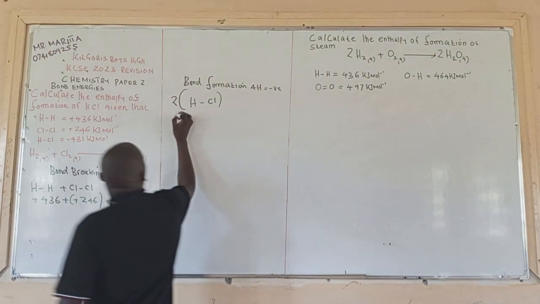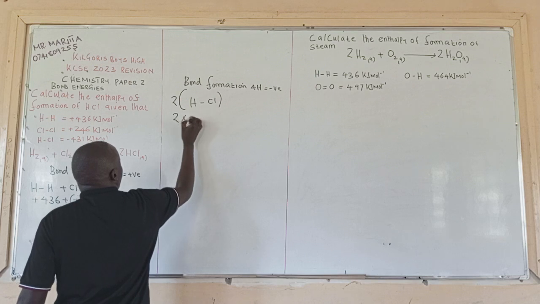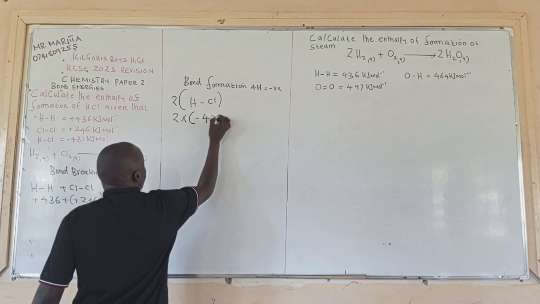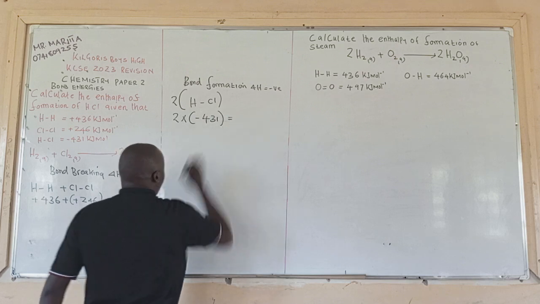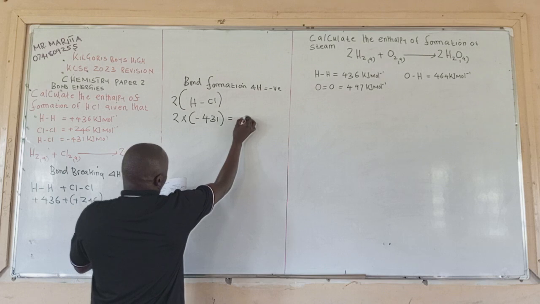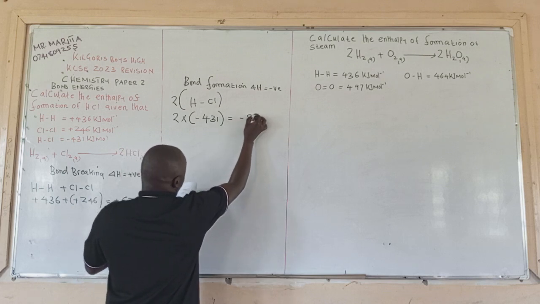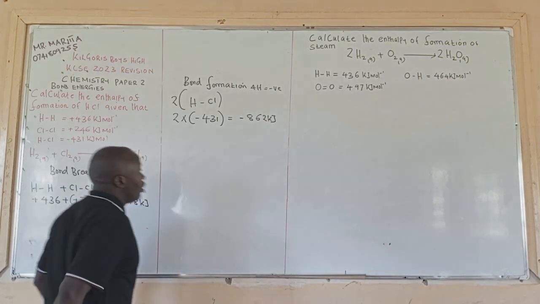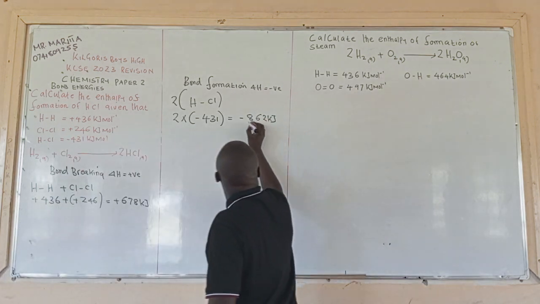So you take these 2 times negative 431, and that will be equivalent to negative 862 kilojoules. So this is the bond formation.